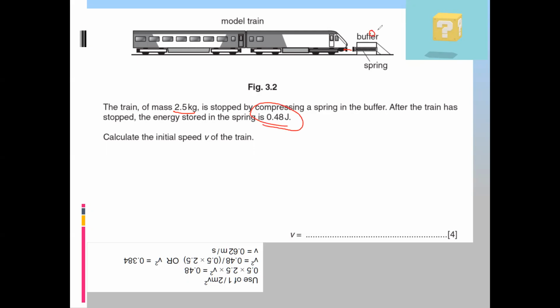So if energy stored in the spring is 0.48, what was the energy of the train? The energy of the train was also 0.48 because the energy of the train is transferred to the spring. So what was the energy of the moving train? That was also 0.48.